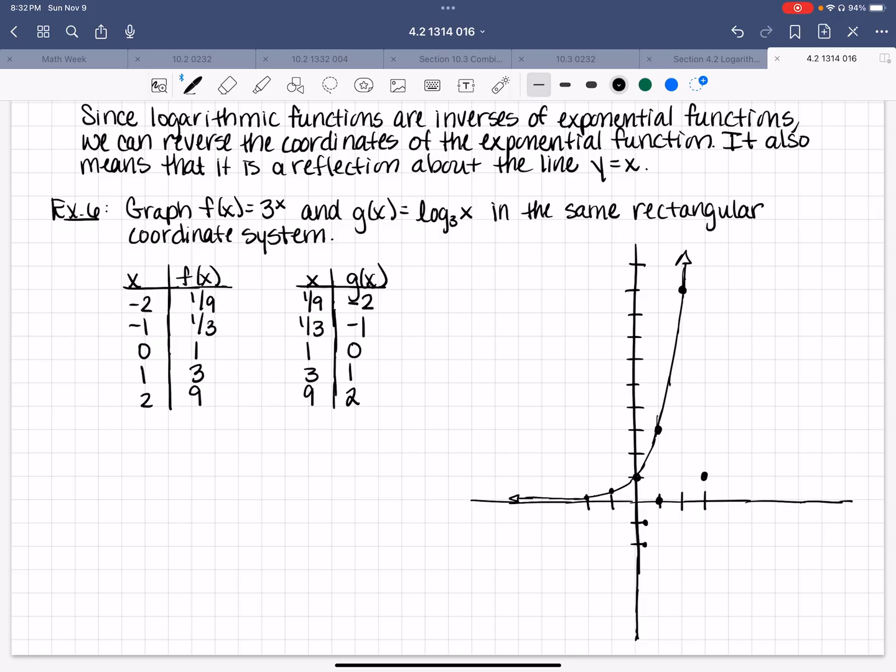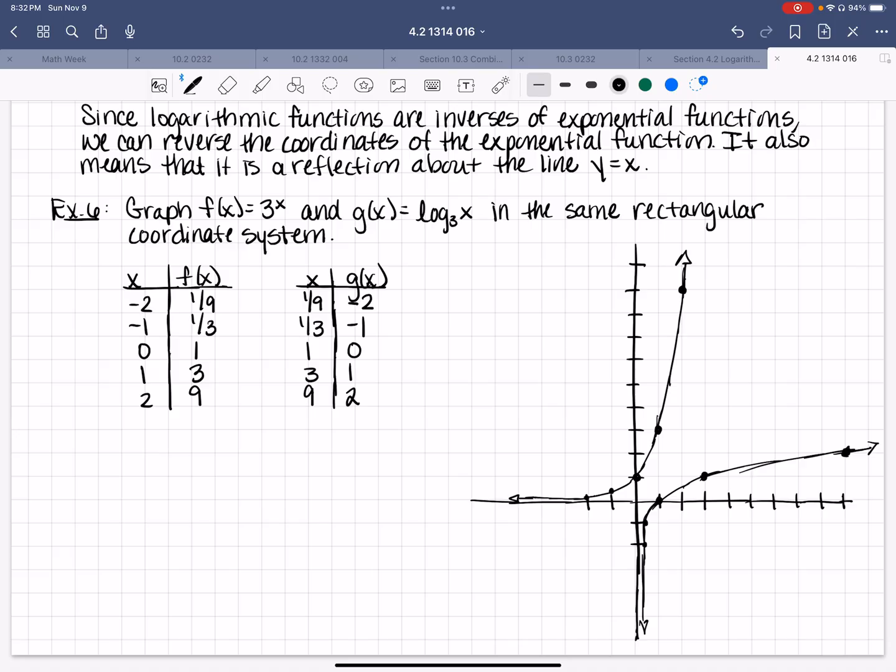And then 9 will give me 2. Okay. And that will give me a graph close to this.